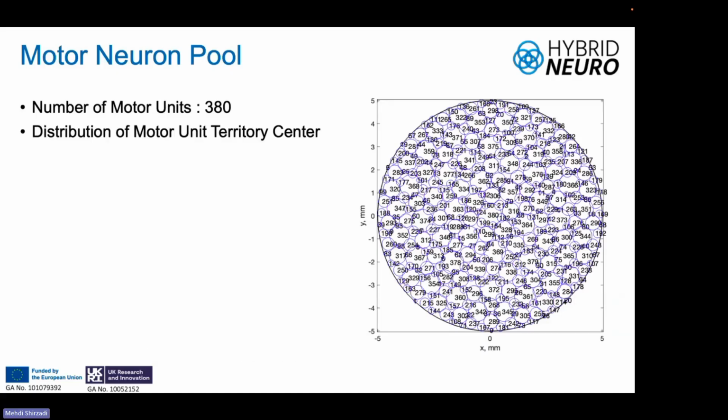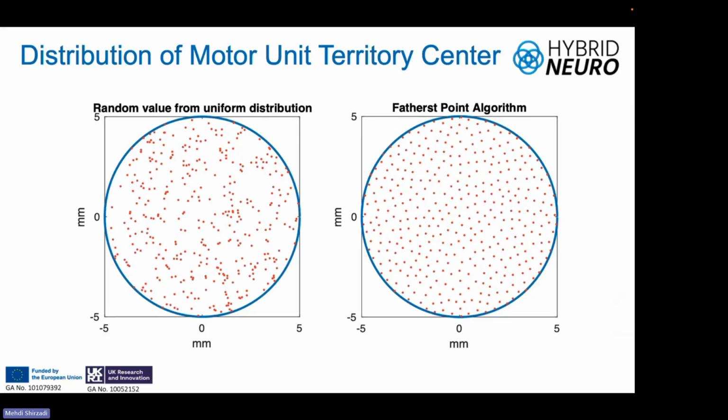So we need to design where exactly to put them. The first thing that comes to mind is, okay, we need to distribute them uniformly. But in simulation, if we want to get a random variable from a uniform distribution, it's not going to work well.